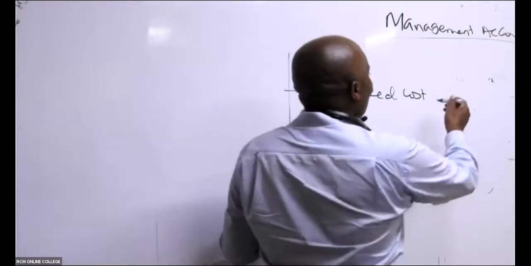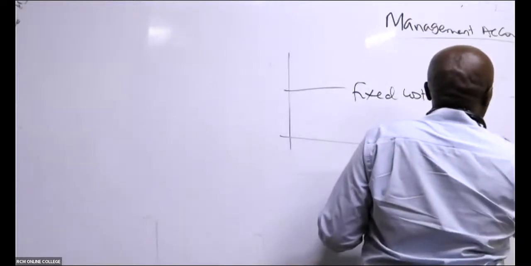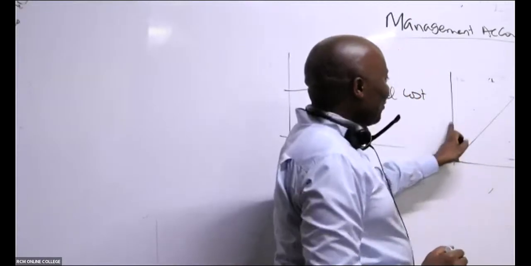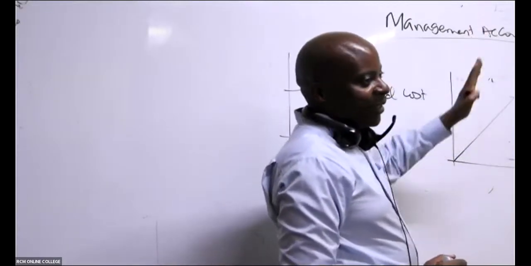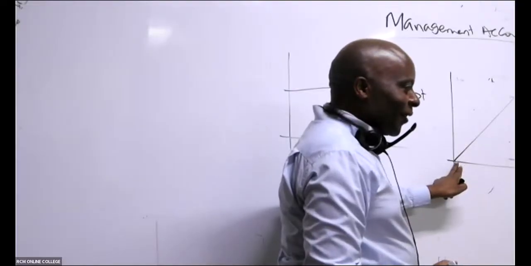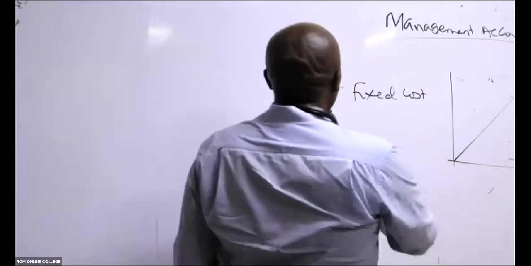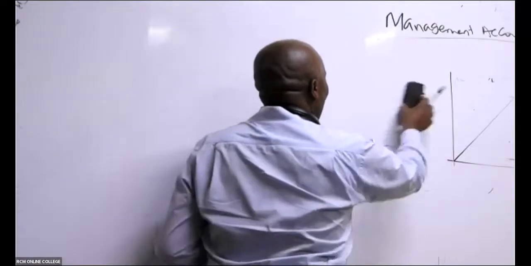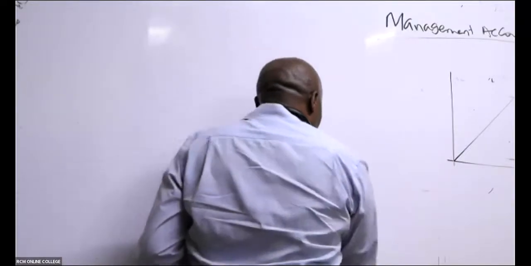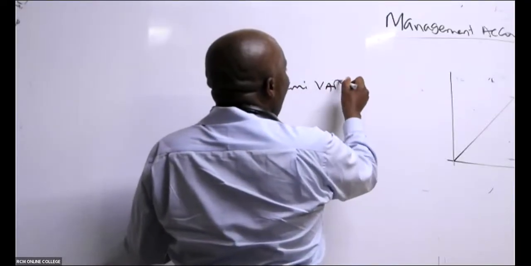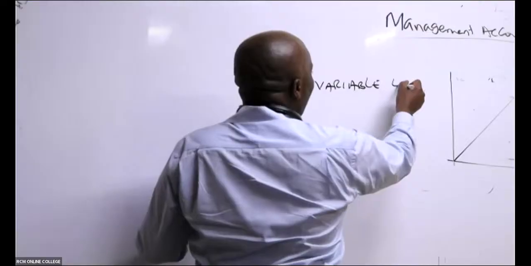Then we have variable costs, which behave like this. As output is increasing, what is happening to this cost? Increasing. If we produce 0, variable cost will be 0. Then we have another behavioral classification, semi-variable cost.